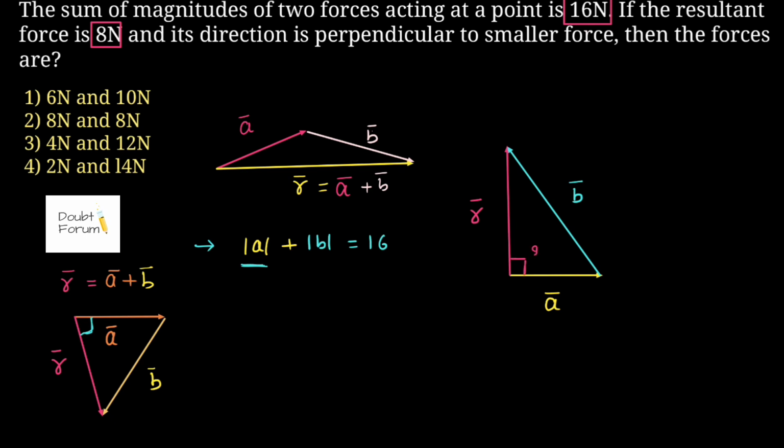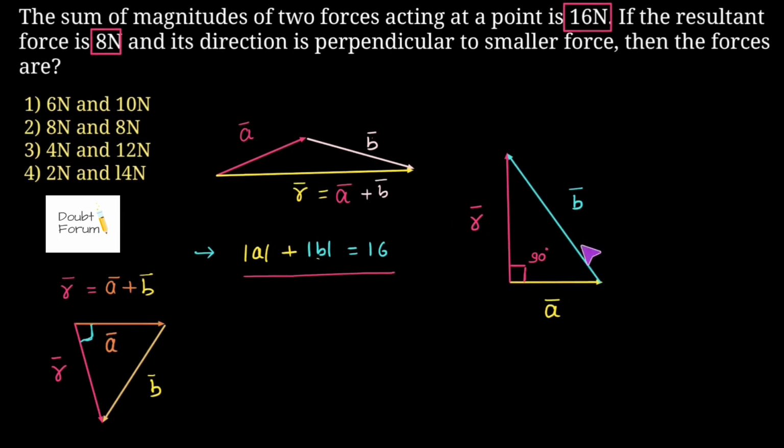When this angle is 90 degrees, we simply apply the Pythagoras theorem to find the relation between R, A and B. This figure is a right angle triangle, and the value of R is given to us as 8 Newton. If we apply the Pythagoras theorem here, we get B square equals A square plus R square.